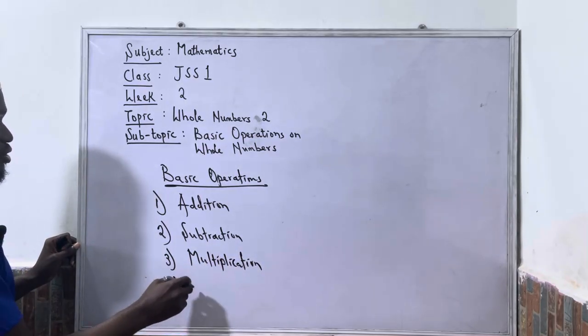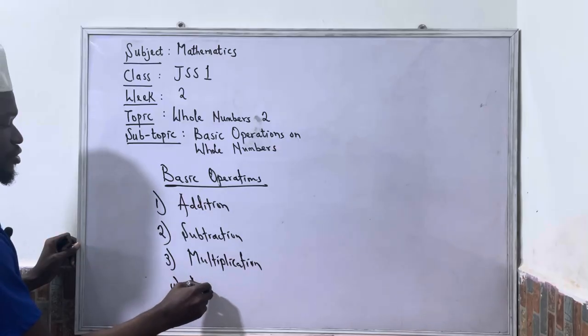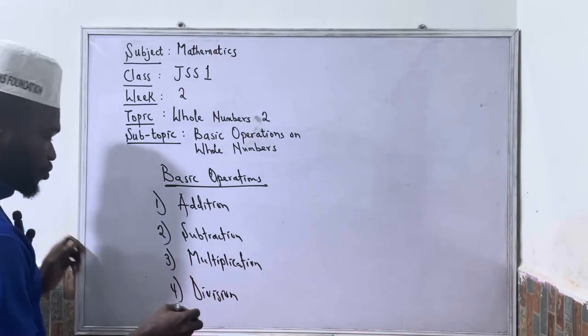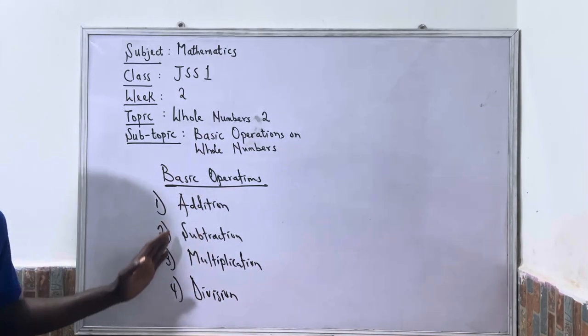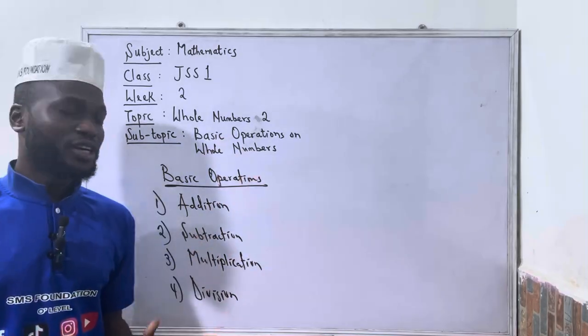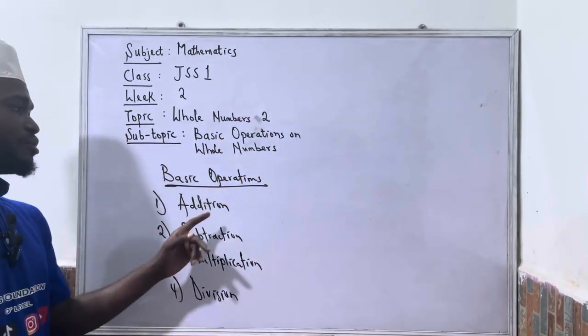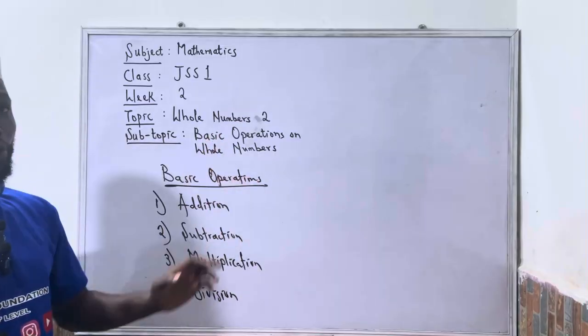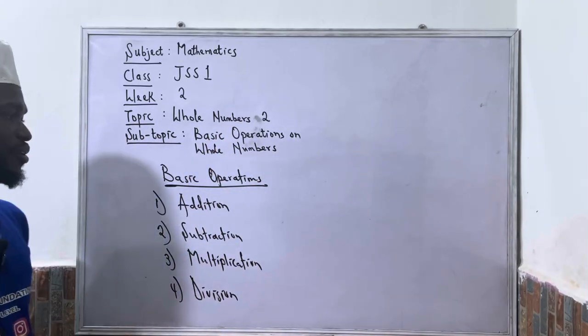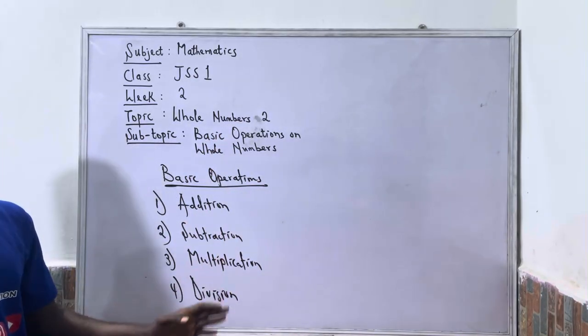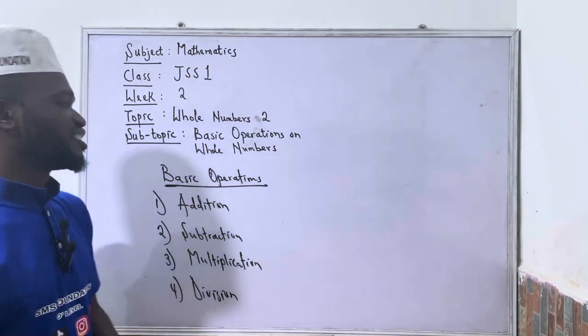And then the last one is division. So these are the 4 basic operations that we are going to be dealing with when we are talking about whole numbers. However, each one of them has its own unique symbol.